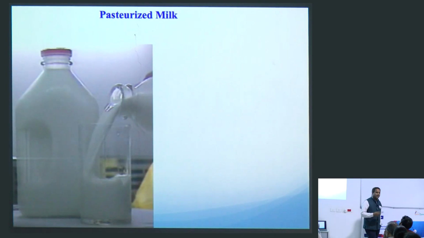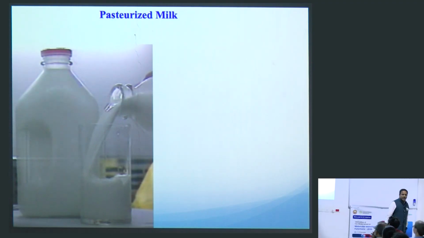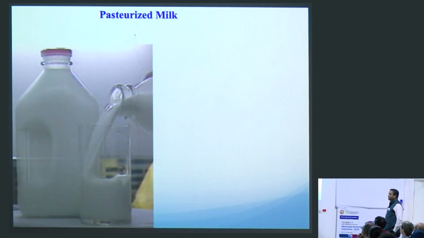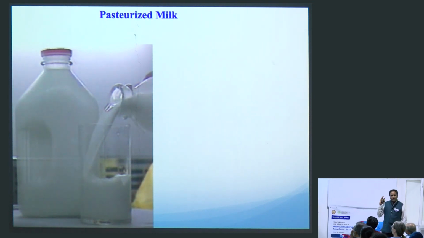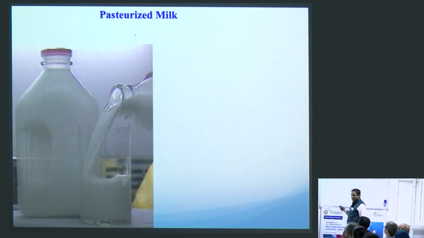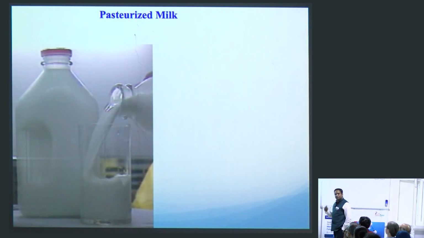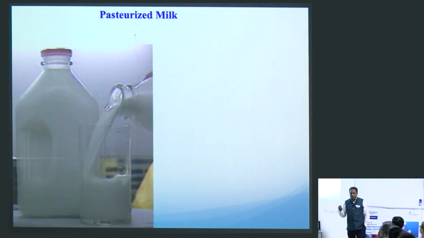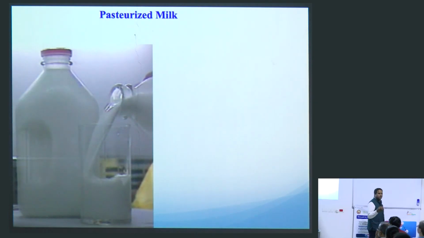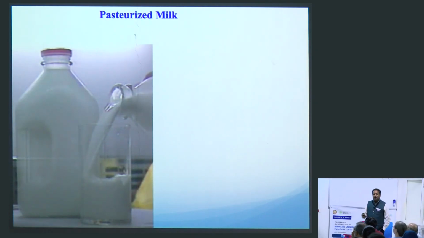Chirality was discovered in the 1840s by Louis Pasteur. I hope everyone knows about pasteurized milk. Pasteurization was invented by Louis Pasteur, where he first tried it for wine, because in those days wines got spoiled quickly.